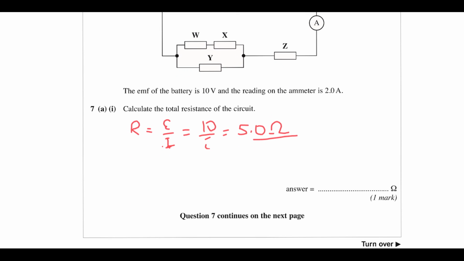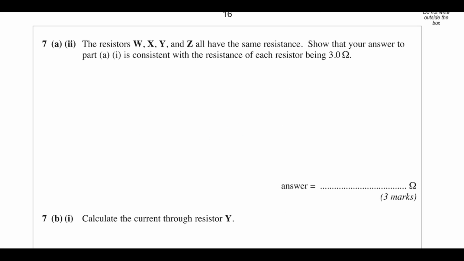All right, so let's move on to the next. So we've got the resistors W, X, Y, and Z all have the same resistance. Show that your answer to the previous part is consistent with the resistance of each resistor being 3 ohms. So let's have a look at how this works.